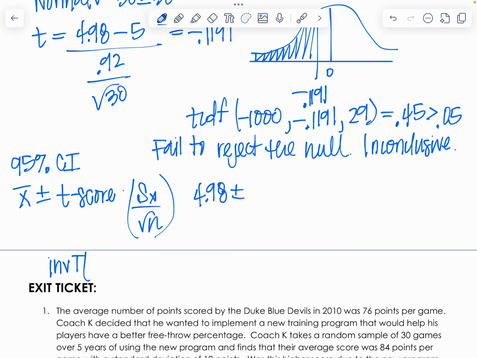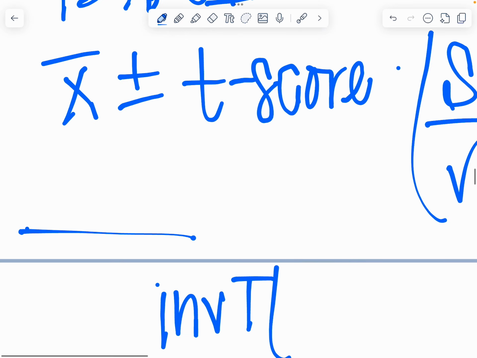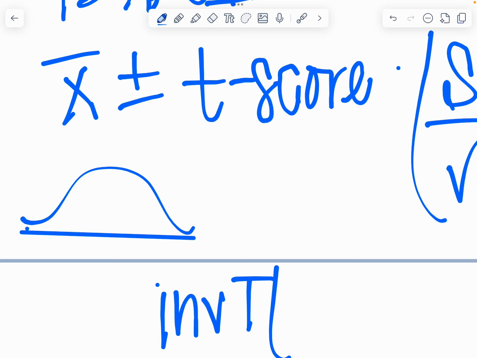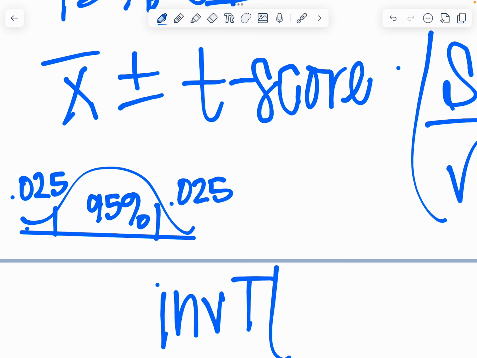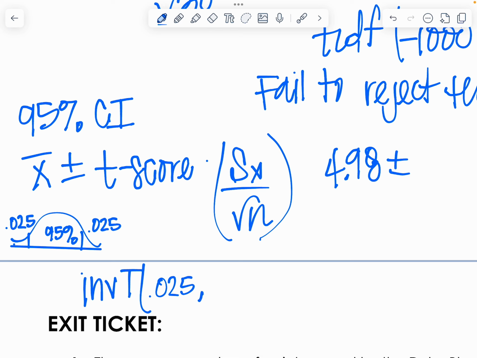Now remember, inverse t is in that second vars menu. It only takes the area to the left. So if we're doing a 95% confidence interval, then we have 95% in the middle, so 0.025 on either side, 2.5%. And then the second number it takes is our degrees of freedom, which was 29.